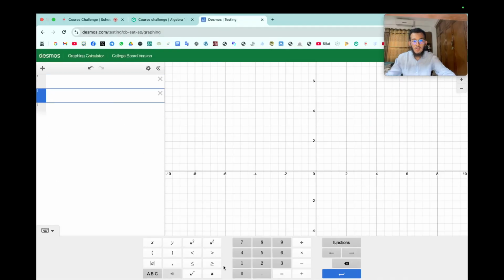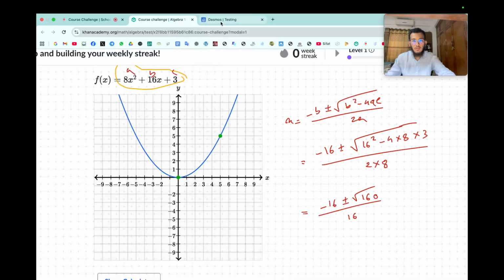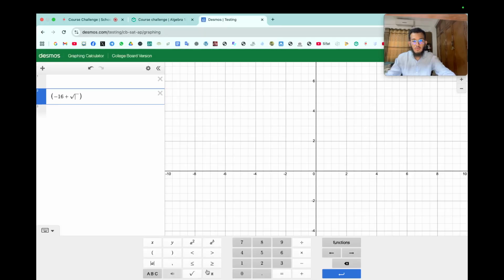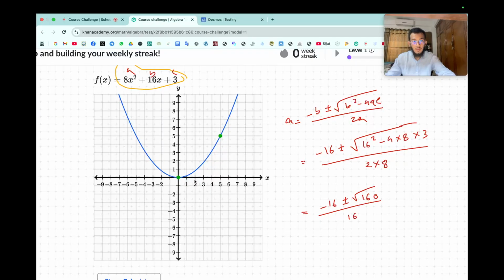So negative 16 plus or minus root 160, and then upon 16. Okay, this is the root, and that does not help us.